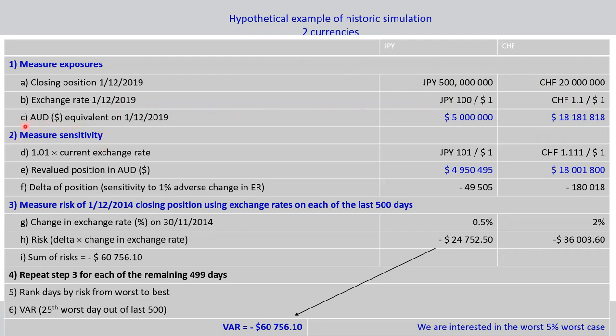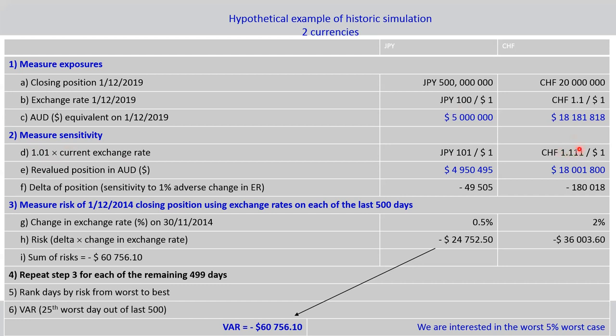Now, when we start to measure the sensitivity, please follow me step by step, because I will take you to delta, and then from the delta, I will tell you what we are going to do. So the delta assumes there is a 1% change in the current rate. If this 1% change happens, the Japanese yen will go from 100 to 101. Same thing here, we increase from 1.1 to 1.111.